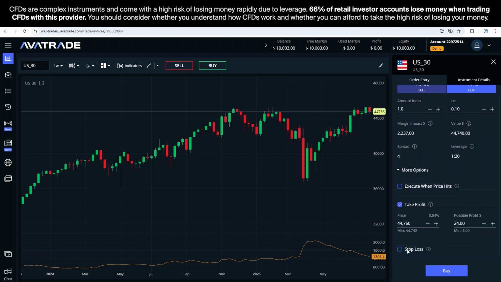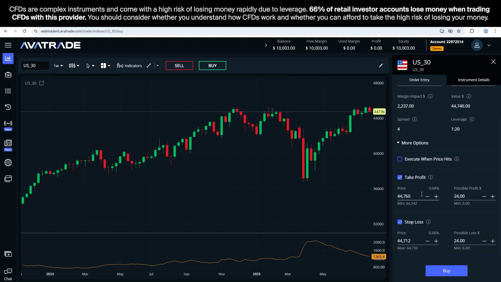Let's make the stop loss this time a little farther down. We'll make it 40,000. I think this was also roughly 4 months ago. We can see that we can potentially lose 4,700.